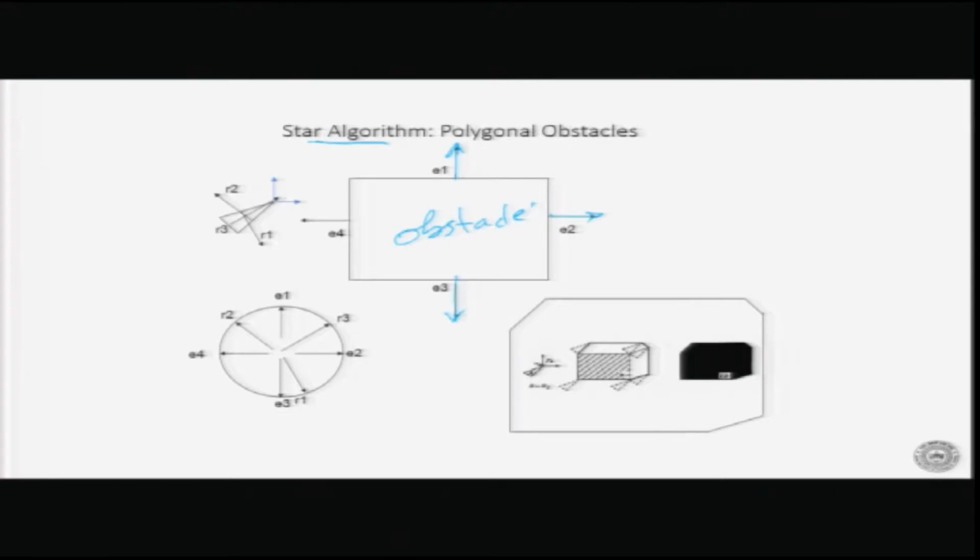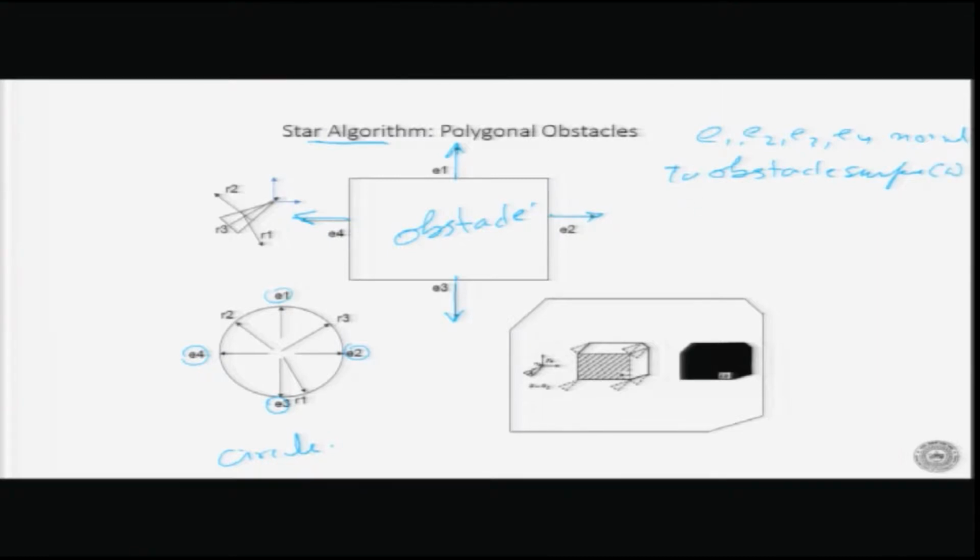Then I draw this circle, and mark each of these normals E1, E2, E3 and E4 clockwise, normal to the obstacle surface, in clockwise direction.